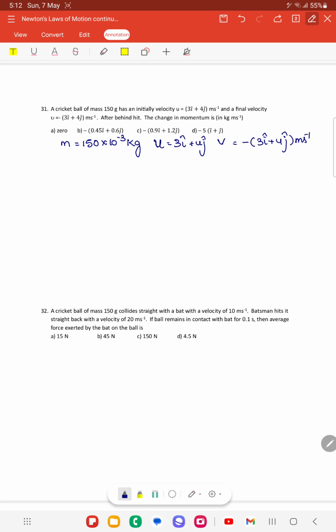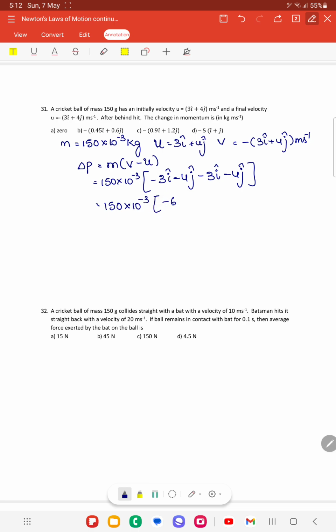We have to find the change in the momentum, that is delta p equals m into v minus u, final velocity minus initial velocity. That is 150 into 10 raised to minus 3 times minus 3 i cap plus 4 j cap, minus 3 i cap minus 4 j cap. Multiplying the negative sign inside, we have 150 into 10 raised to minus 3 times minus 6 i cap minus 8 j cap.